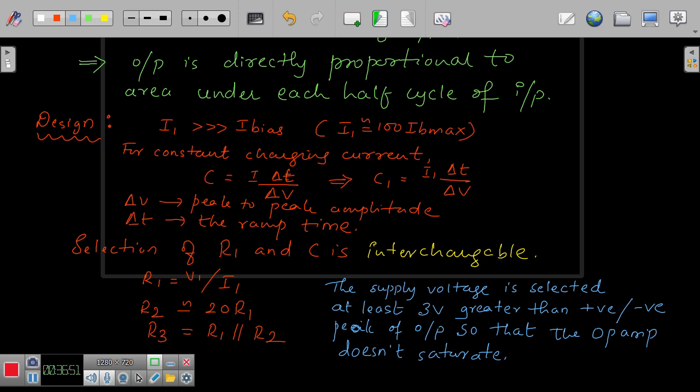This I have already told you. That is one more point. Anyway, that doesn't come in the design, but you should keep it at the back of your mind.